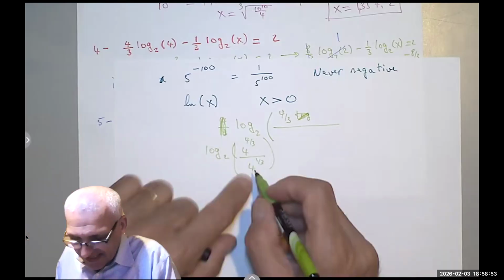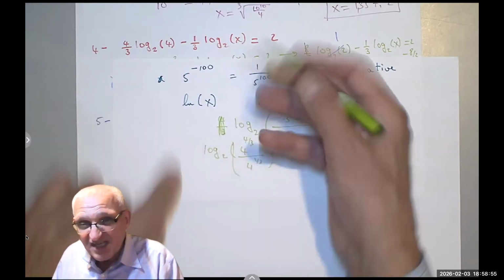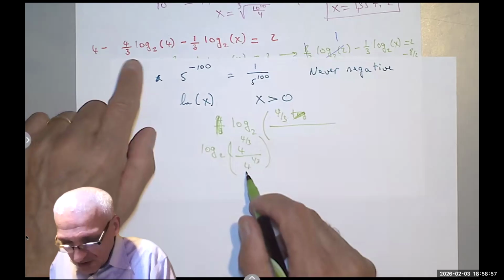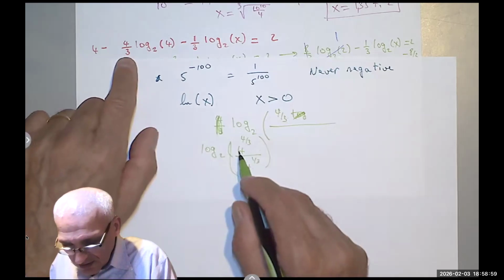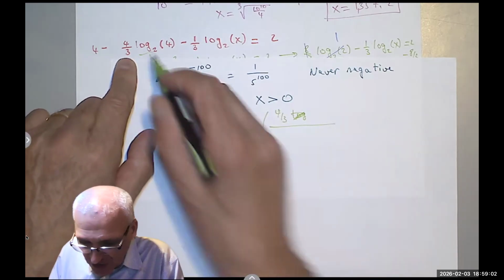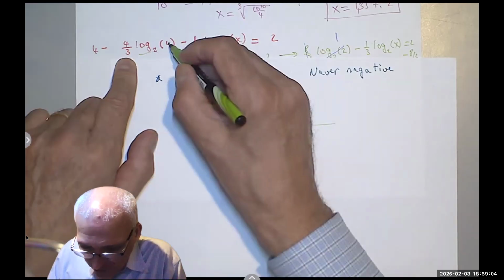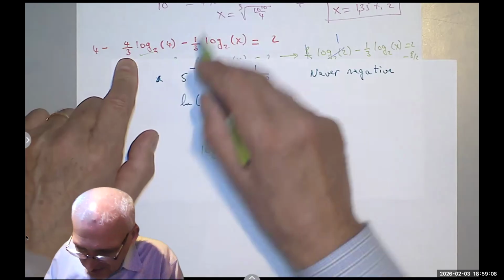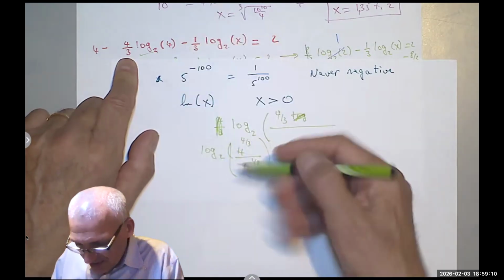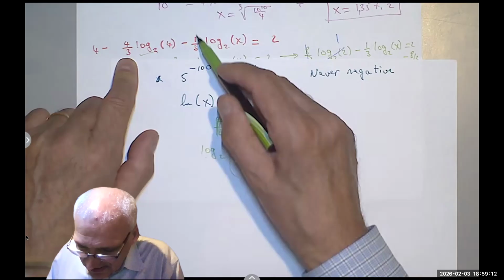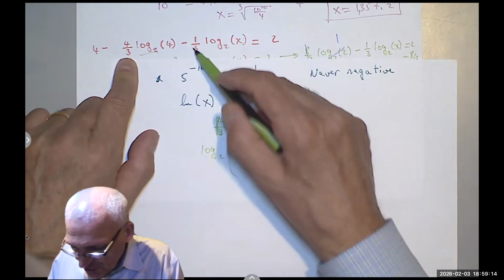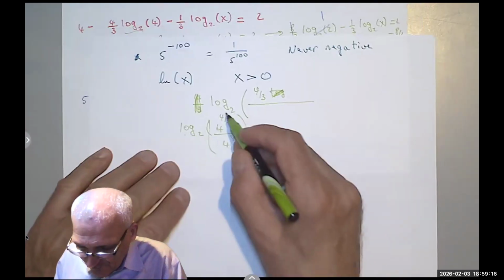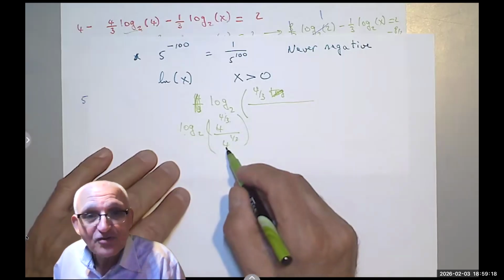In fact, this was x, right? But I'm saying I'm checking the answer. So 4, I took the log 2 out. So this becomes log 2 of 4 raised to the 4/3 power. And this is minus, so it becomes division. And this is 4 raised to the 1/3. 4 to the 4/3 divided by 4 to the 1/3.